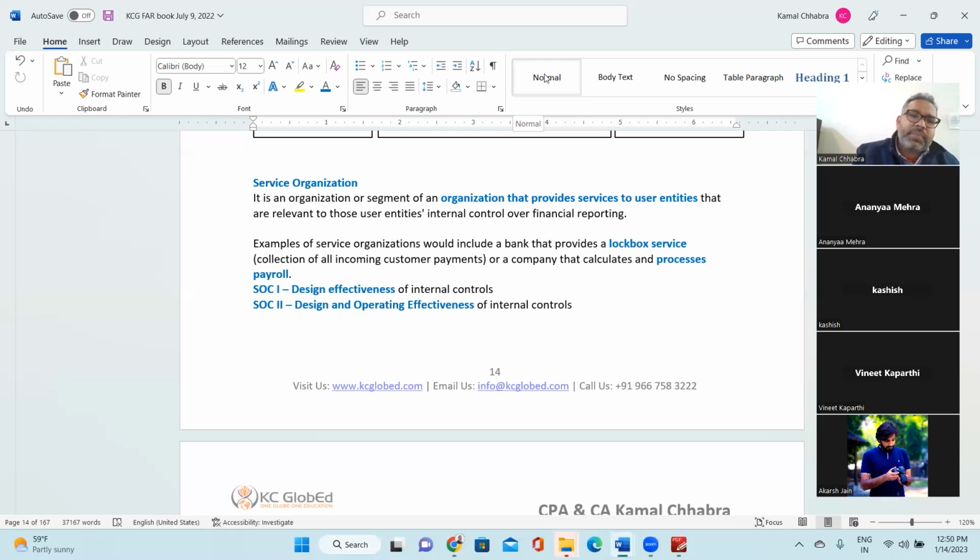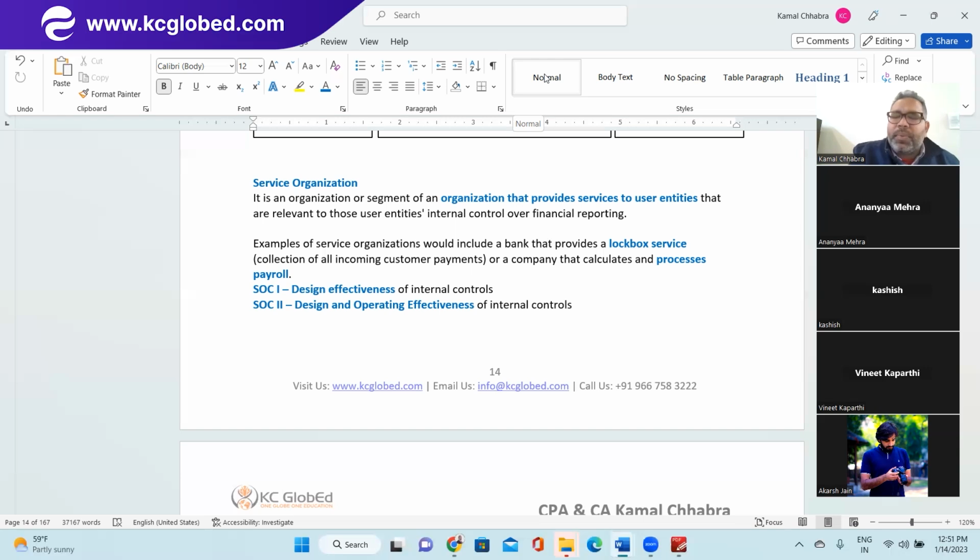Keeping all these things in mind, we need to understand the operation of the service organization and how we can ensure that appropriate controls are managed and followed by those service organizations who take the information from the company, do the processing appropriately, and give back the processed information to the company, which the company uses for its financial statements.